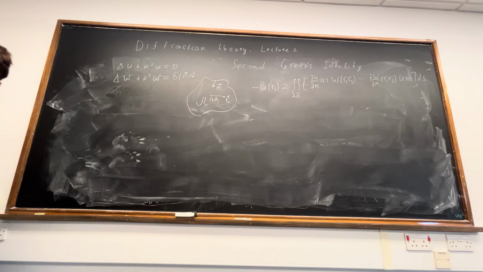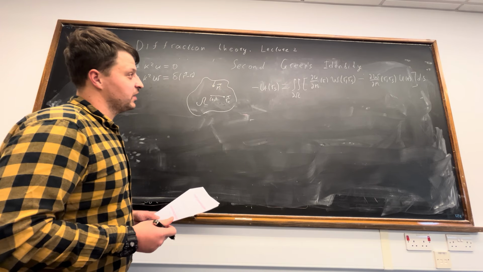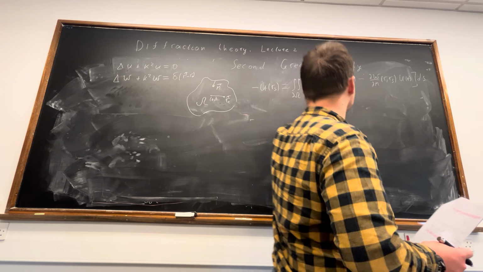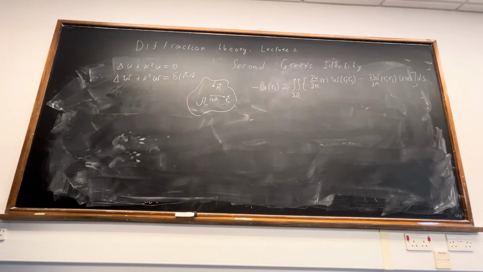This is a field reconstruction formula, and what's nice about it, it says that if we know the field and its normal derivative on the surface of the scatterer, we can build the field everywhere. So it's the only thing we need to know.